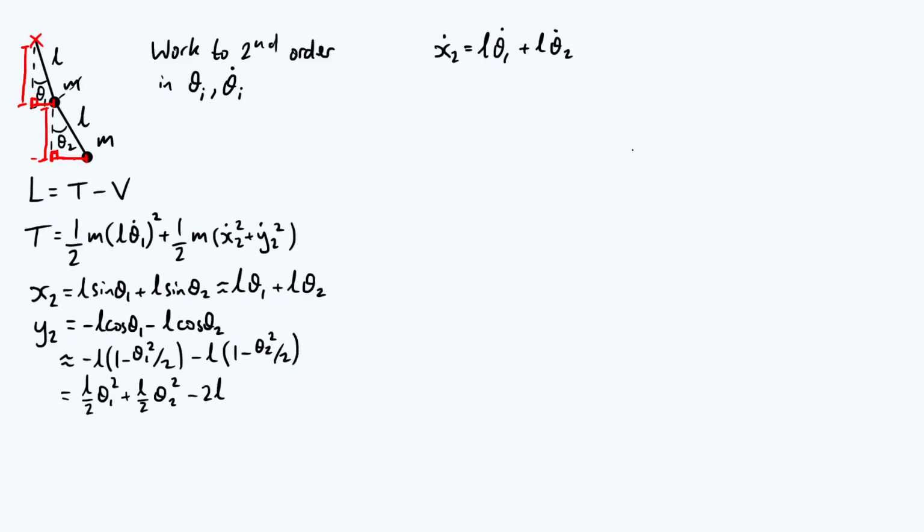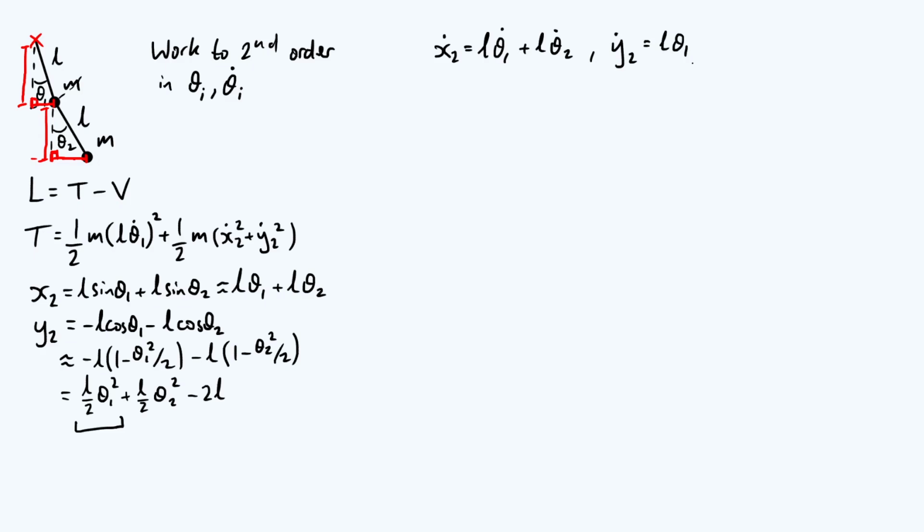Okay. For the y2 term, we've got to think a little bit harder, because you've got these quadratic or squared angle terms. Now, if you think about what happens if you differentiate the first term, well, if you use the ordinary power rule, just bring down that squared power and decrease the power by 1, your first term would turn into, sorry, let me just write here, y2 dot, your first term would turn into L θ1, right?